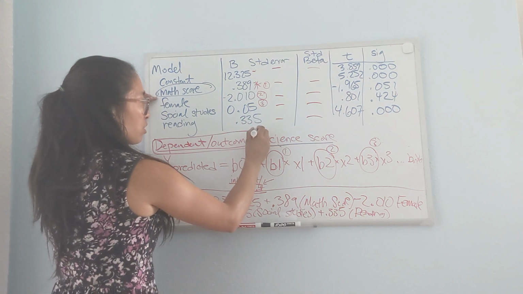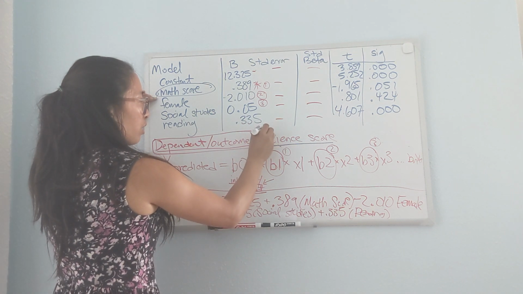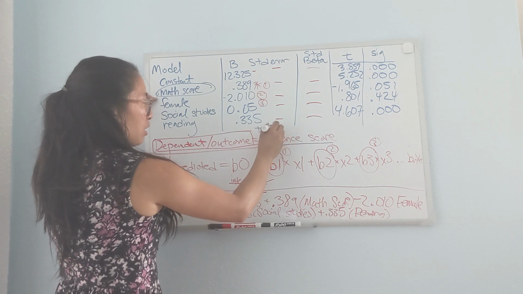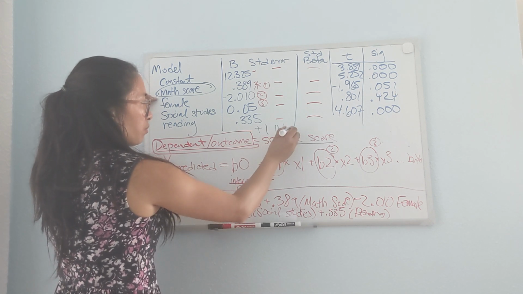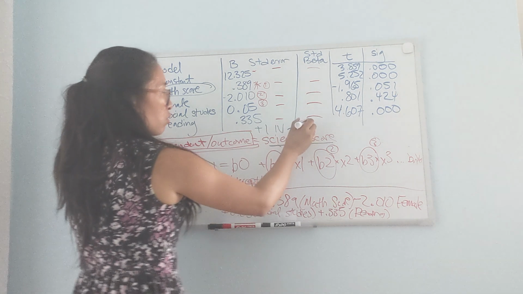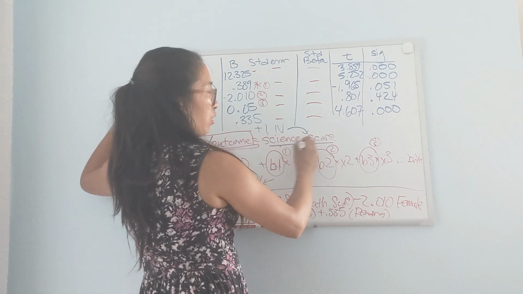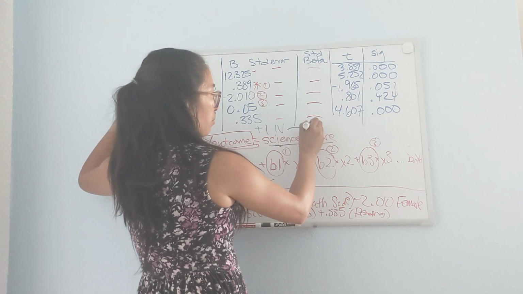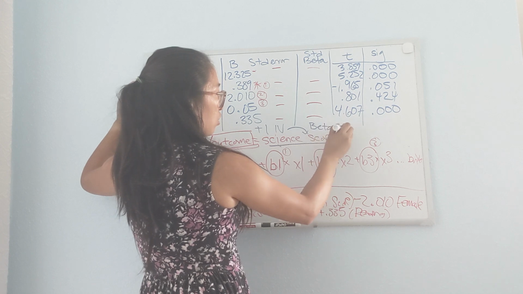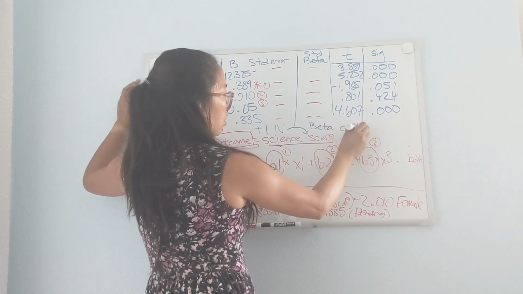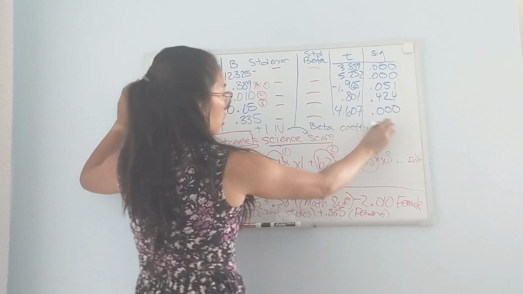So when you have a 1 increase in the independent variable, this will correspond to an increase in the science score by the beta coefficient.